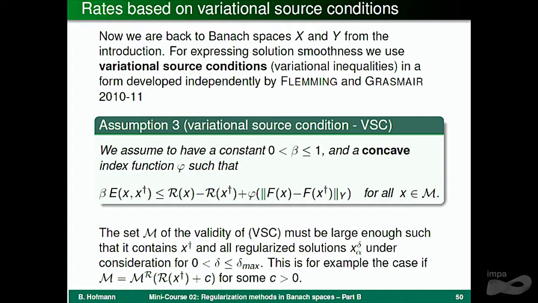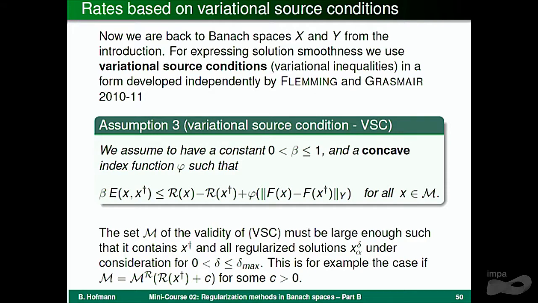And this beta is a technique which helps to bring situations into that setting which do not directly come there. This works if this beta is any value greater than 0 and smaller than 1. If you have 1, then directly on the left-hand side, you have the error measure. I will give examples here.